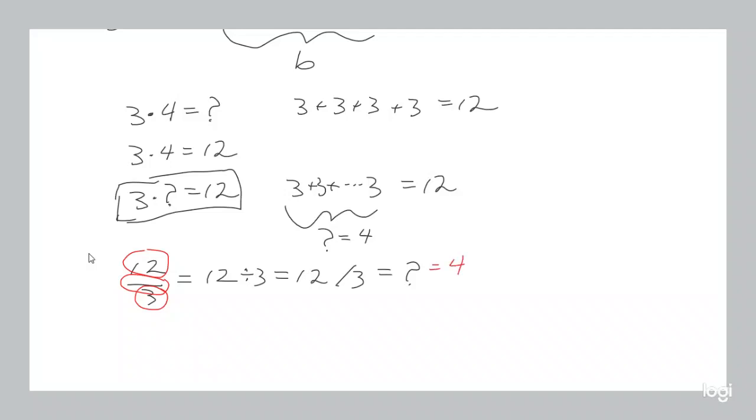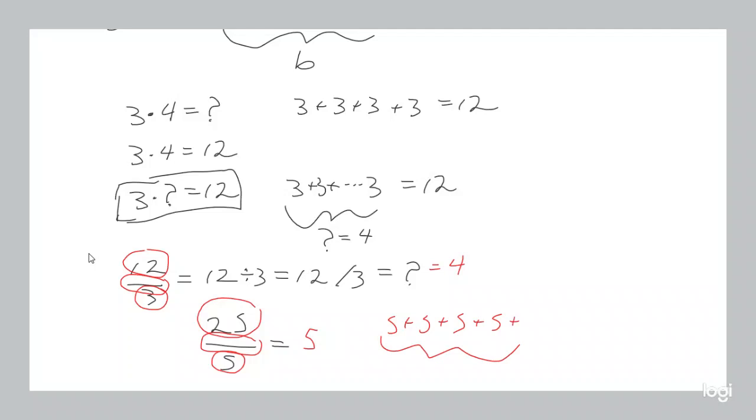Okay, let's say you have 25 divided by 5. Well, what does that mean? That means if I want to get 25, how many times do I have to add up 5? And the answer is 5 times, right? 5 plus 5 plus 5 plus 5 plus another 5.